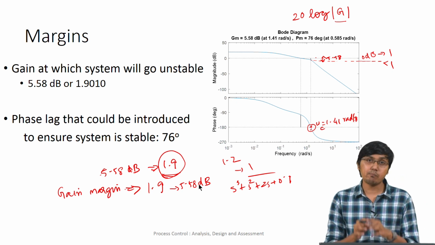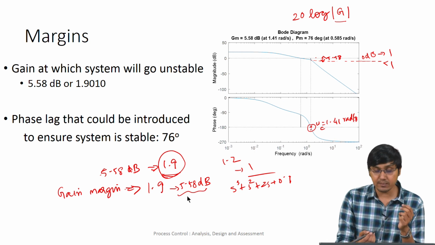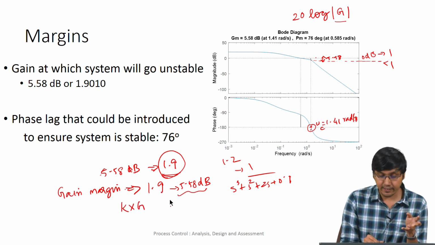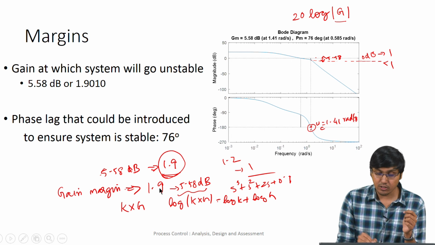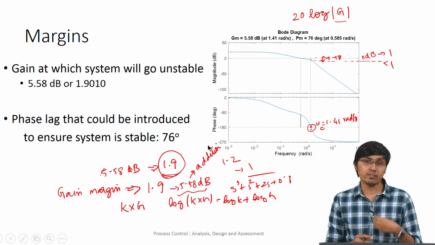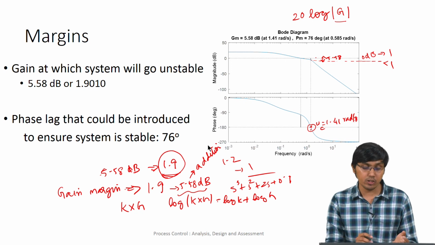It's actually a multiplicative gain, but when we convert into decibels, if it is a multiplication K into G, when you take the logarithm it becomes log K plus log G. So when you give the gain in decibels, you are telling how much gain in decibels I can add.